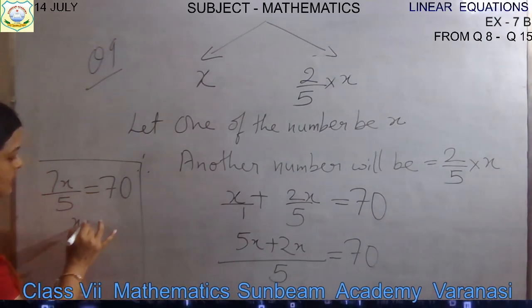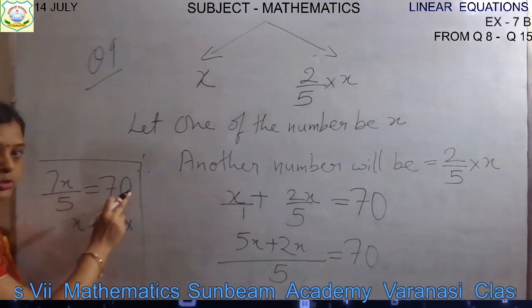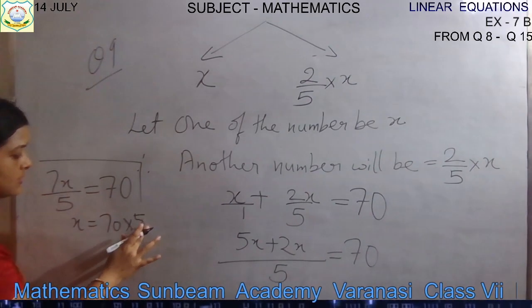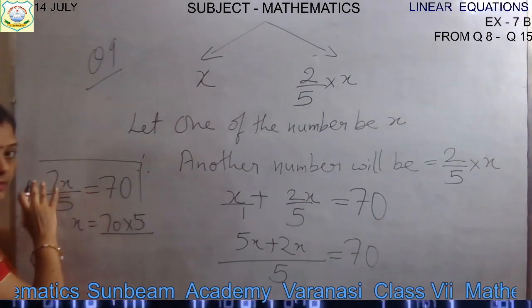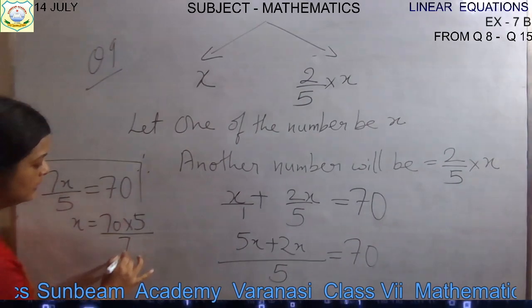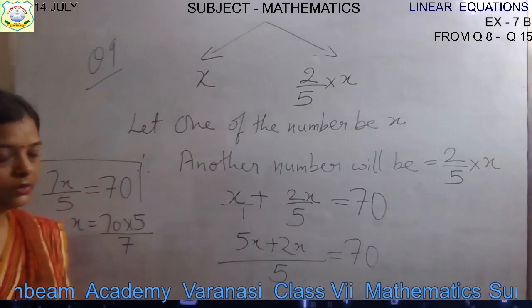So x is equal to 70. The denominator will be transposed to the numerator into 5. Just erase it, children. Divided by this numerator which is in multiplication with x. This 7 will go for division. Divide by 7. Clear?